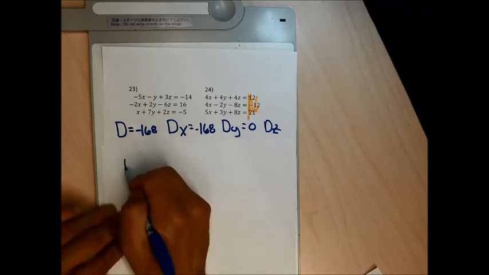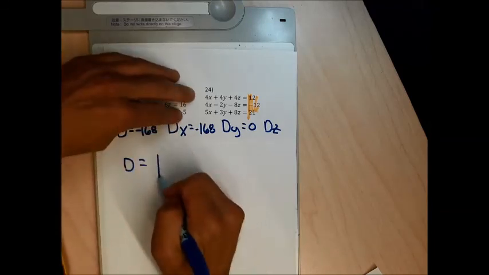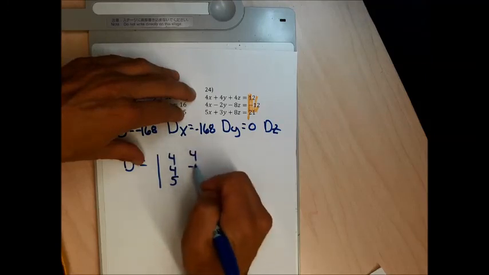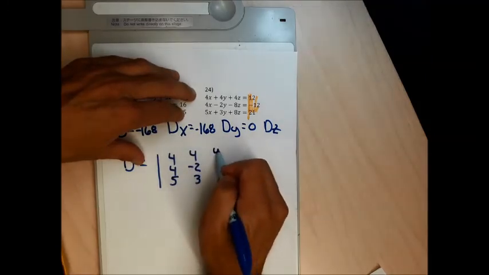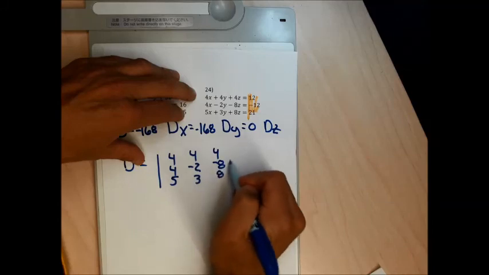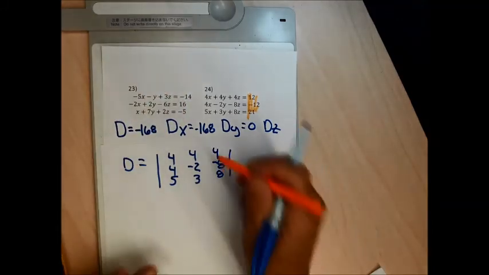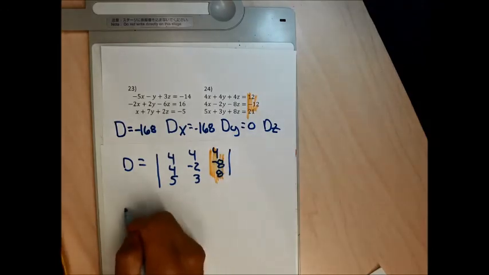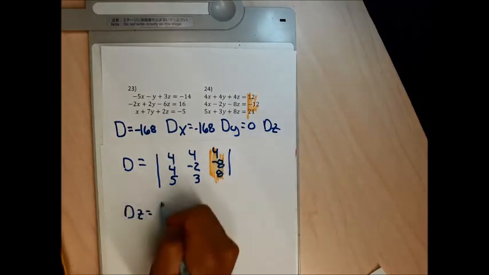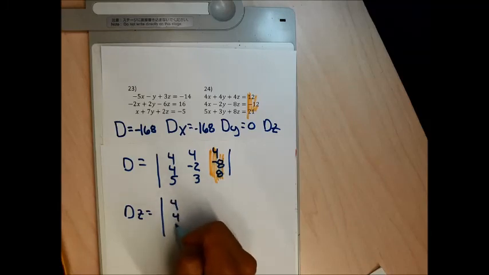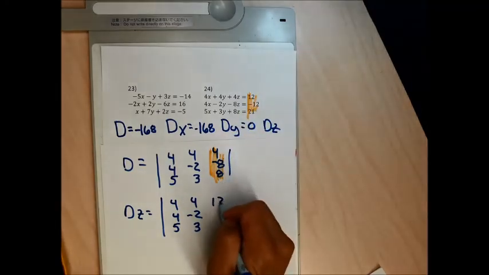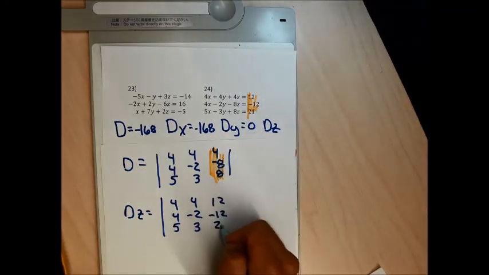Again, to do D sub z, I need to have the D at my fingertips. D is 4, 4, 5, 4, negative 2, 3, 4, negative 8, 8. And I'm going to change, for D sub z, the z column to the numbers in the equal column. So when I go to do D sub z, my first column is going to stay 4, 4, 5. My second column is going to stay 4, negative 2, 3. My last column is going to become 12, negative 12, 21.